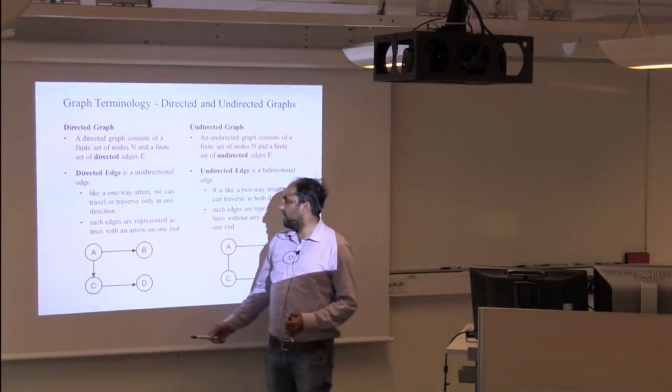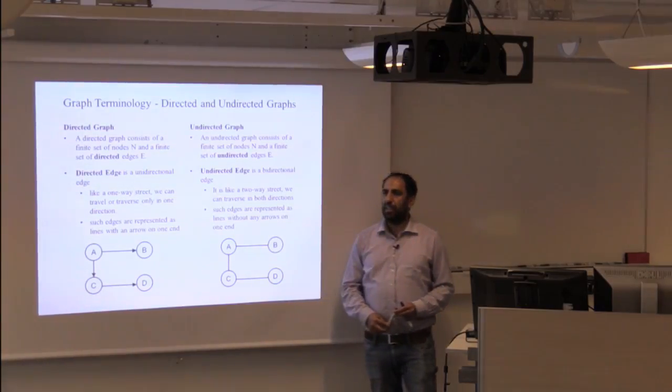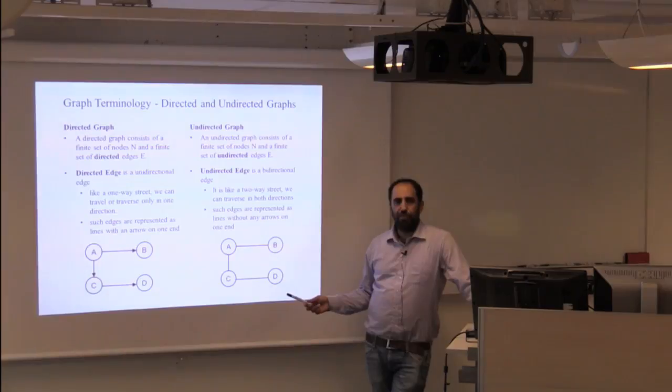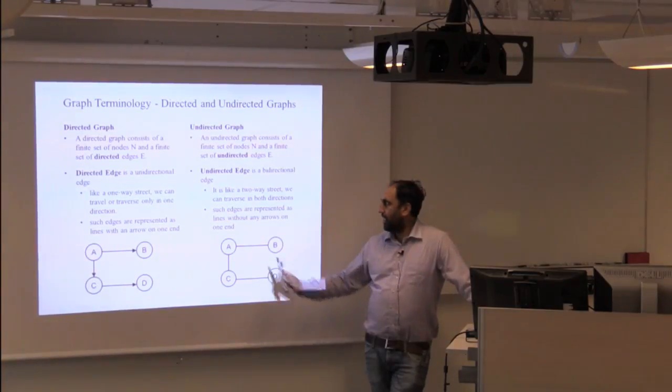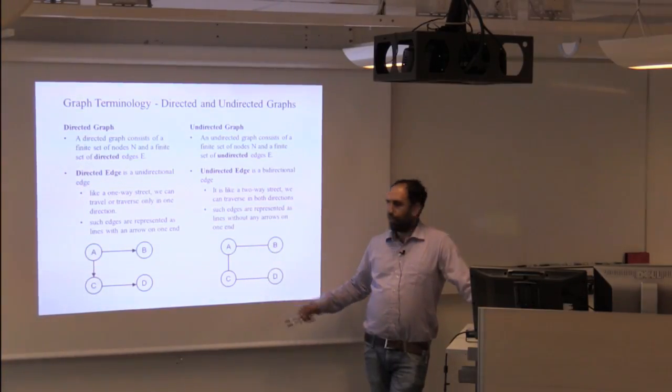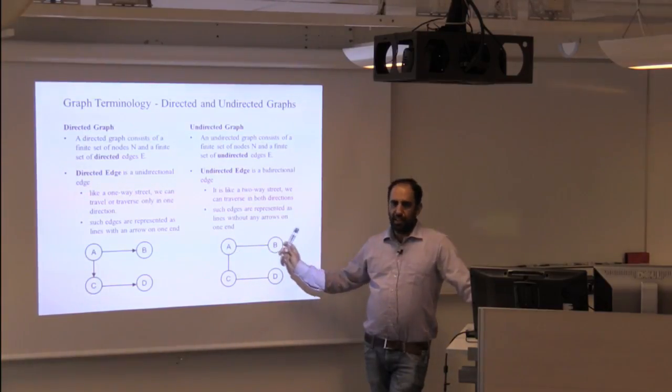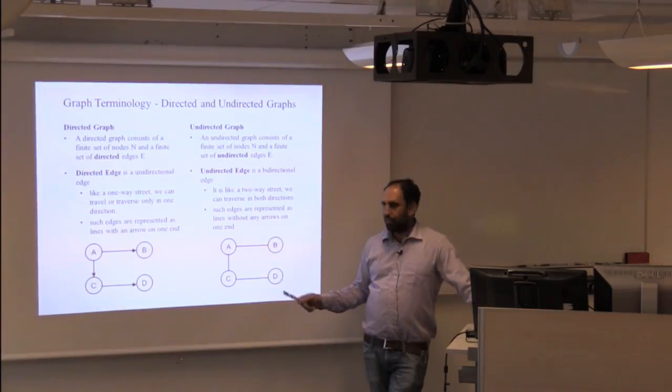You can consider this as an example of roads between cities. You can travel in both directions, so it's like an undirected graph. For example, if A represents a city and B represents another city, and there is a road between them that you can travel in both directions, you can represent this kind of map using undirected graphs.